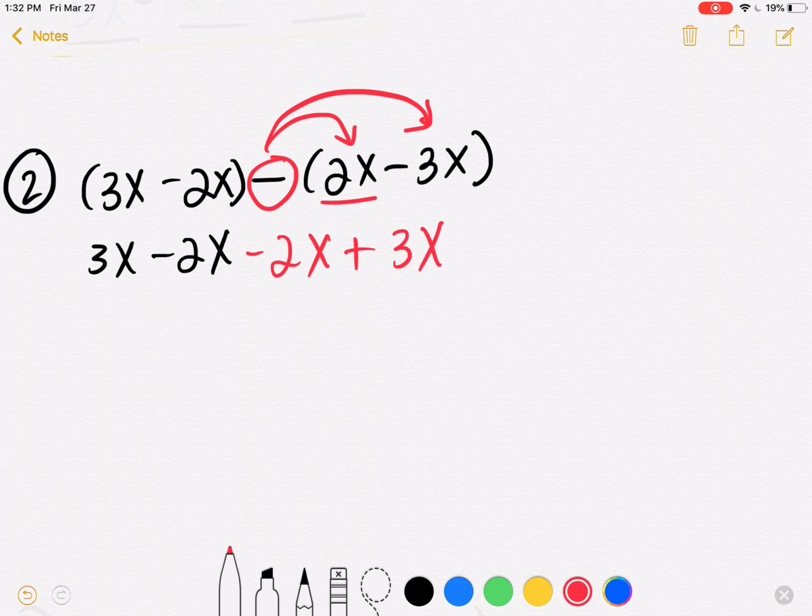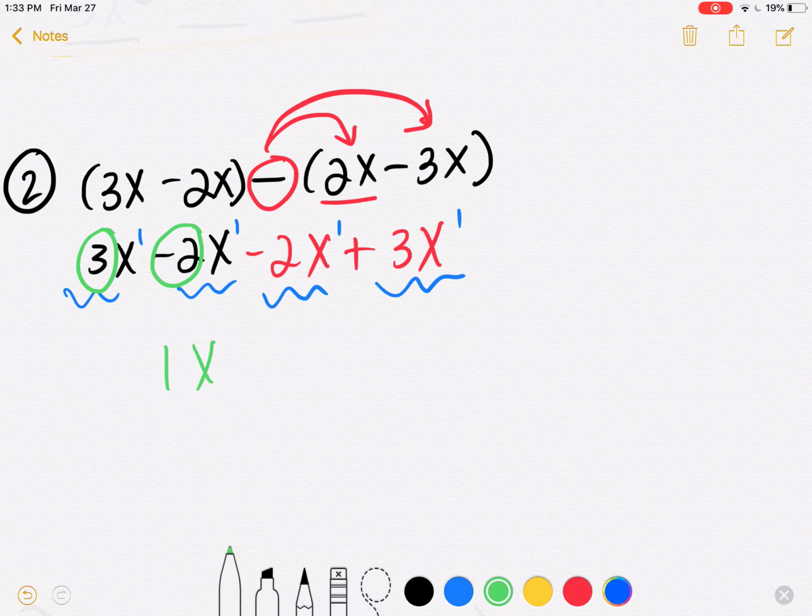Okay, for this one, you want to combine like terms. Now, all of these end up being like terms because they're all technically exponents to the first power, so I can combine all of them. Okay, so what I'm going to do is just add. Okay, so 3 minus 2 is just 1. And if you want, you can add 1 at a time. So if you want to do that, you could just say, oh, that's 1x, and then bring everything else down.